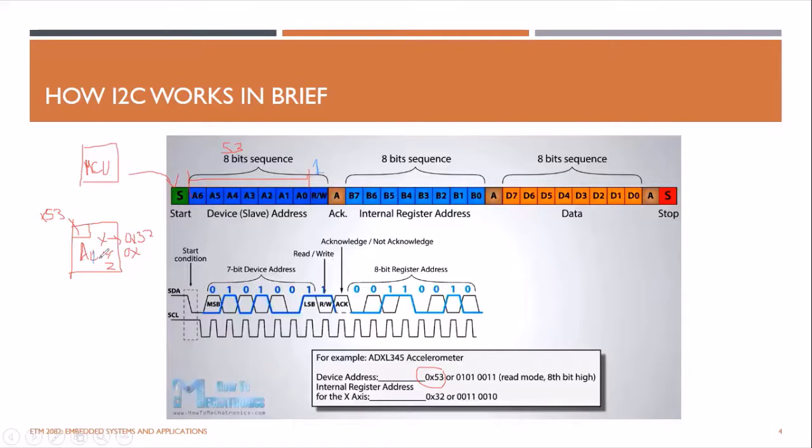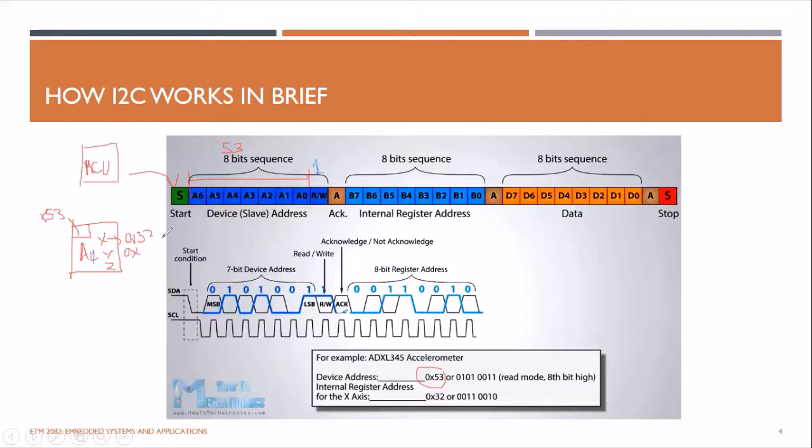And if this slave device understands this data packet and this 7-bit address, it will pull the line down, which means the master will release the line. So the slave will pull it down, telling the master, okay, I have got your message. I am the one on this bus having the 53 address, so I am ready to communicate with you.